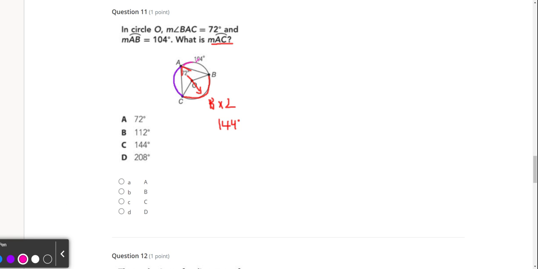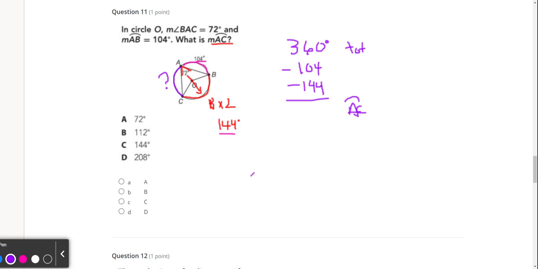So if I have a piece that's 104 and I have a piece that's 44, how can I find the purple piece? How many degrees in a circle? There's 360 in a circle. If you start with the total and subtract out all the things you know, you can subtract out 104, you can subtract out 144, and what you're left with is arc AC. Okay. Did that make sense, Elijah?